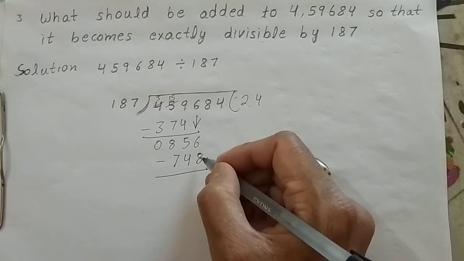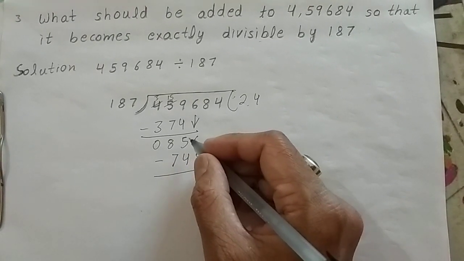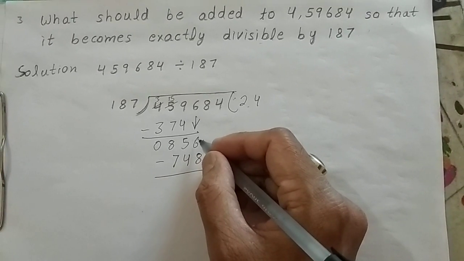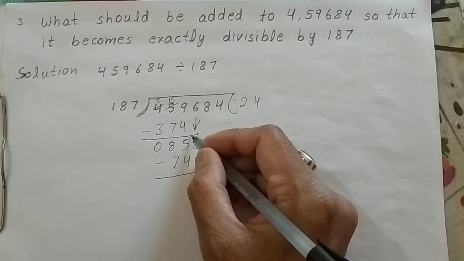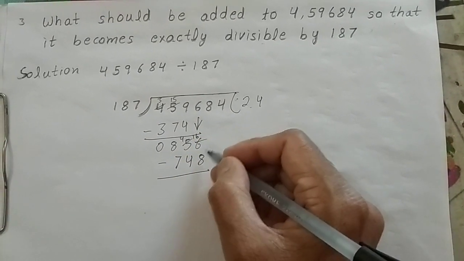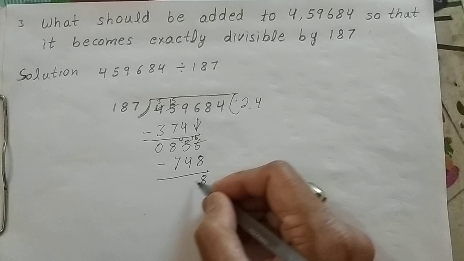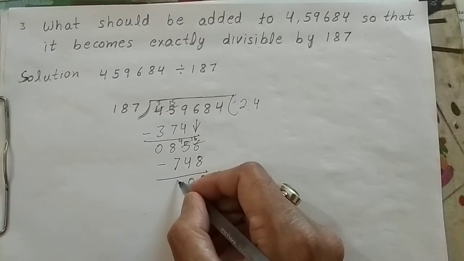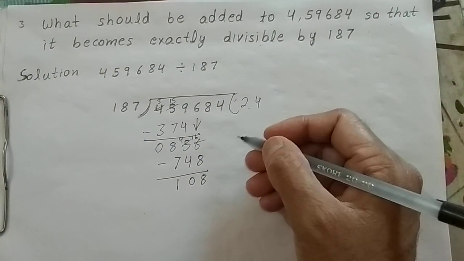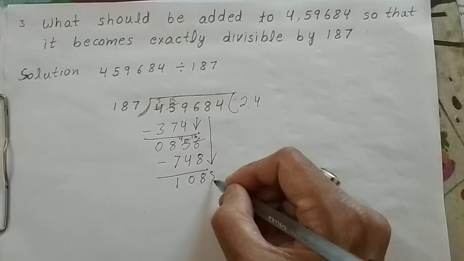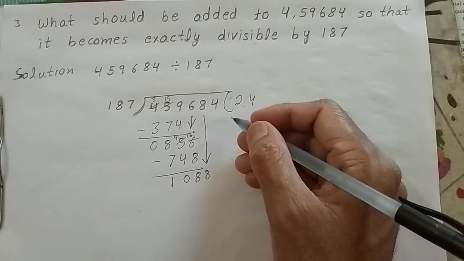Now this 6 is less than 8, so it will borrow 1 from this 5, so it will become 16, and this 5 will become 4. 16 minus 8, 8. 4 minus 4, 0. 8 minus 7, 1. 108. Now we write down this 8 here. 1088.